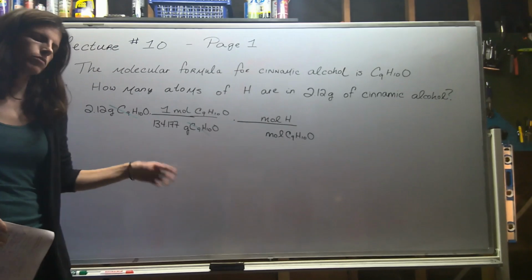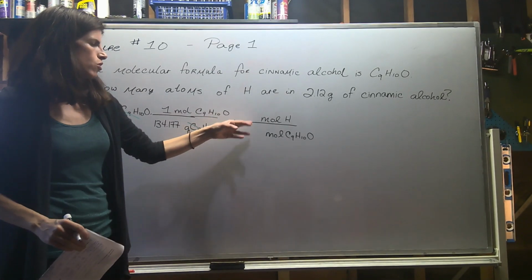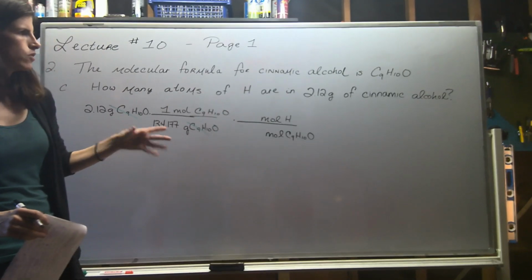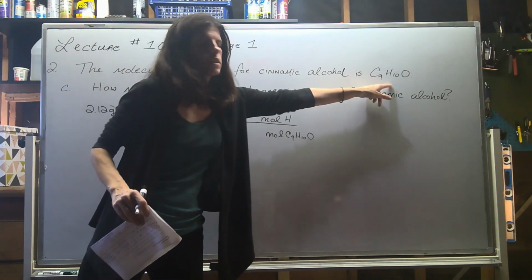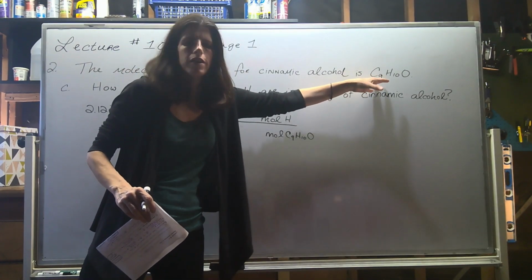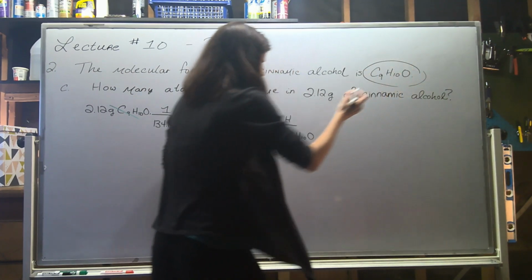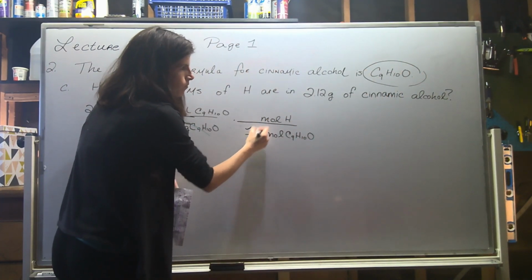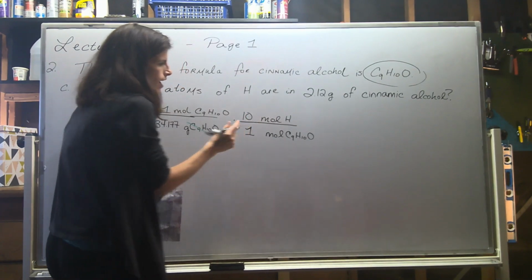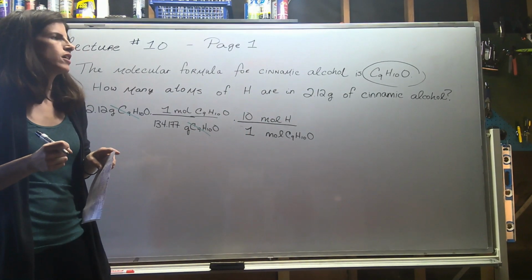The relationship between moles of hydrogen and moles of a compound as a whole is defined by the formula. So 1 mole will have 10 moles of hydrogen.